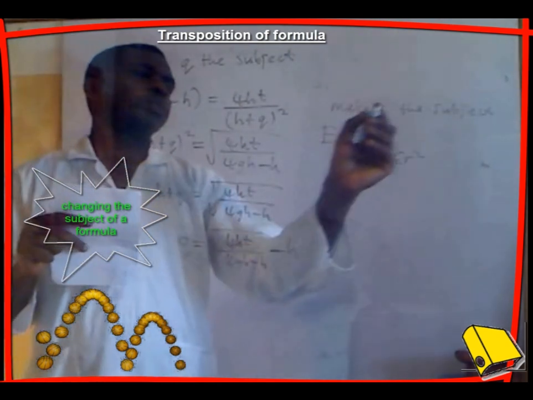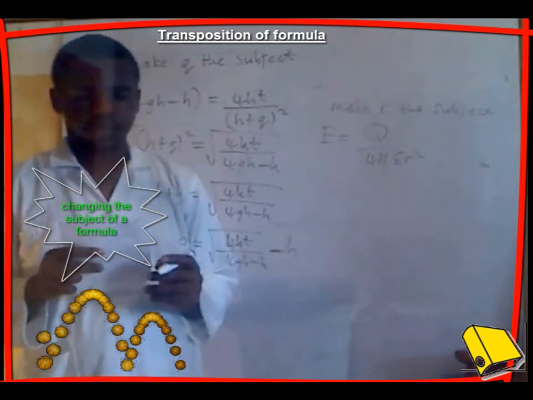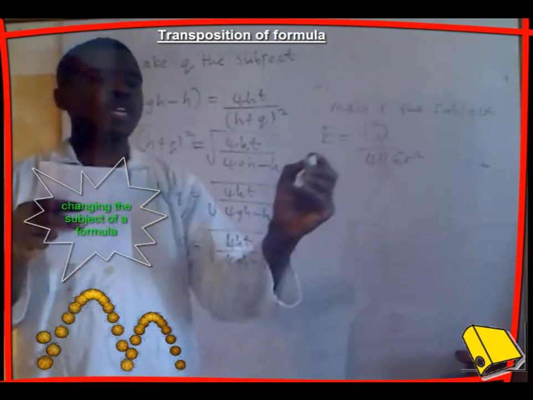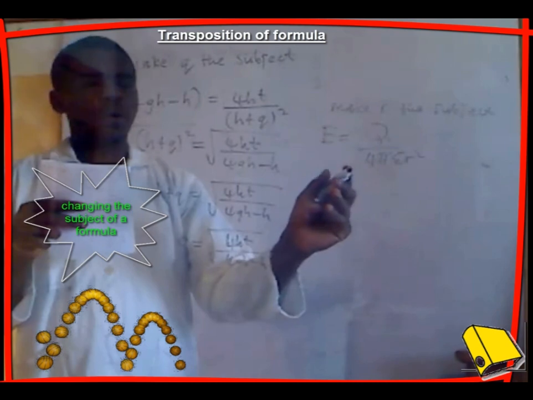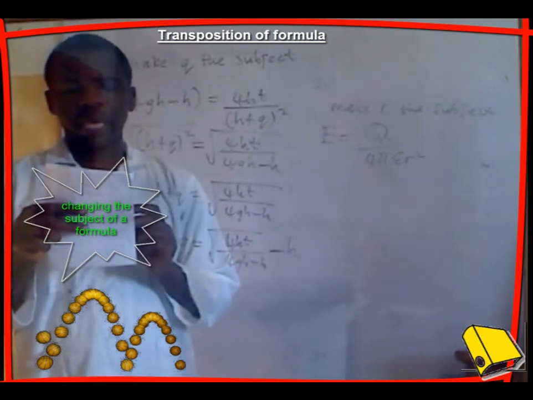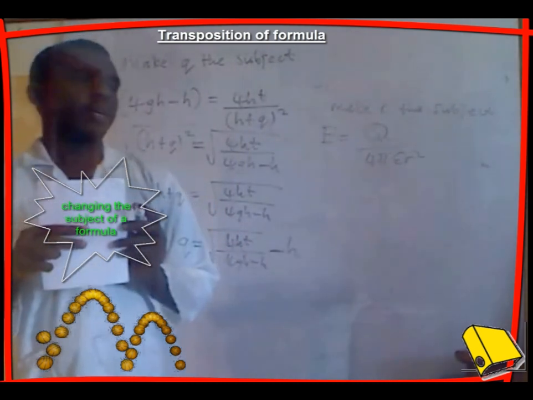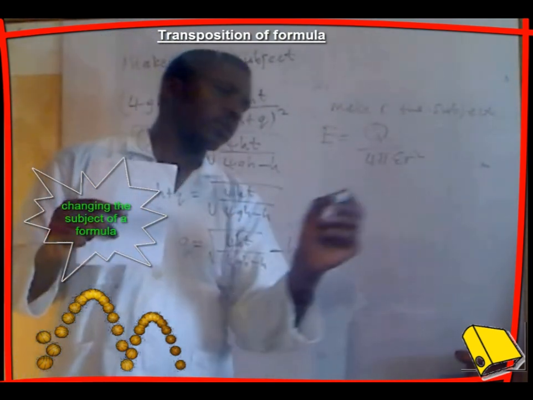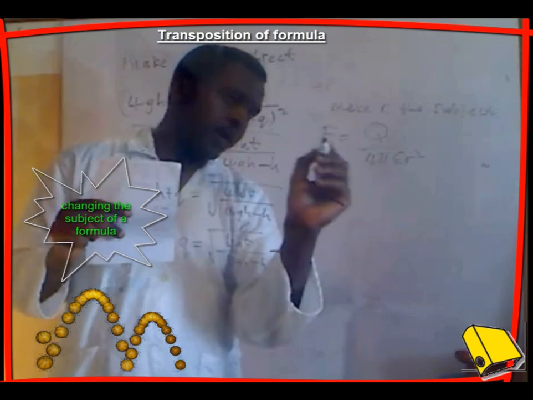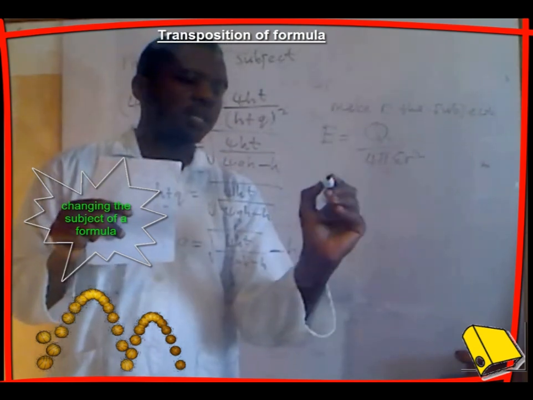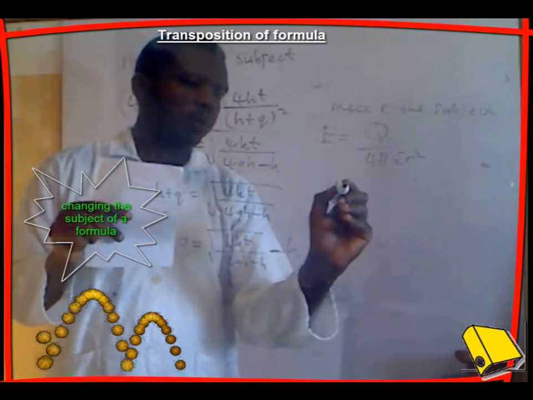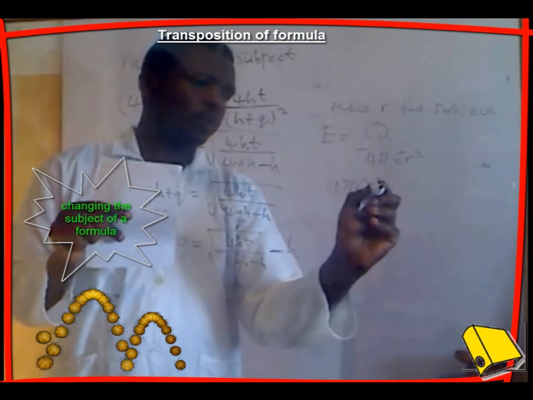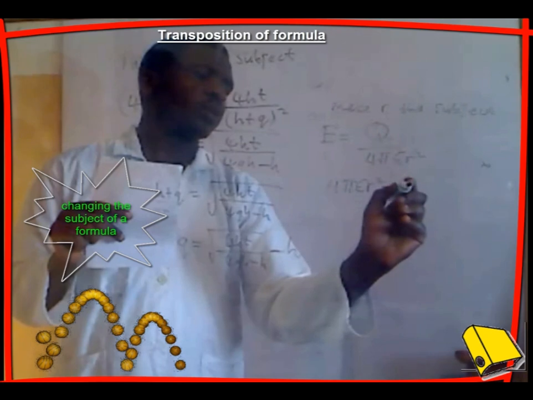Make r the subject in this formula. E is equals to q all over 4 pi epsilon r squared. We want to make r the subject. So I start by cross multiplying. Here I shall have 4 pi epsilon radius square is equals to q all over e.